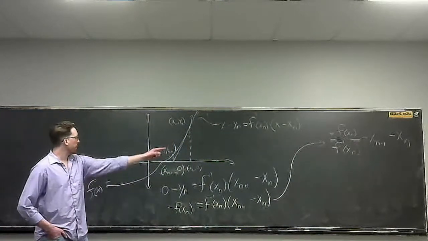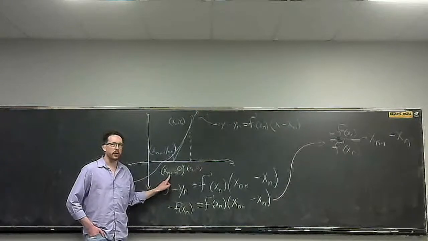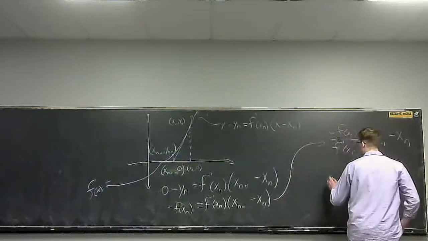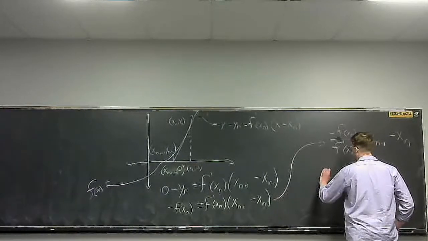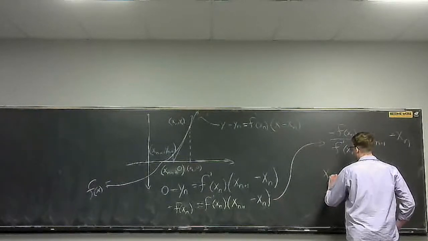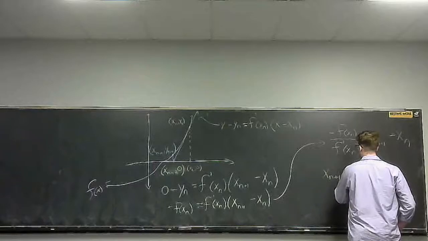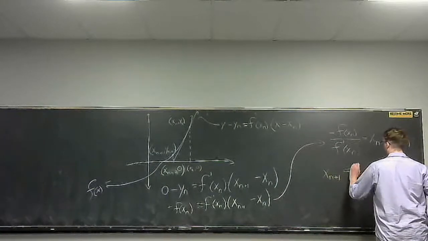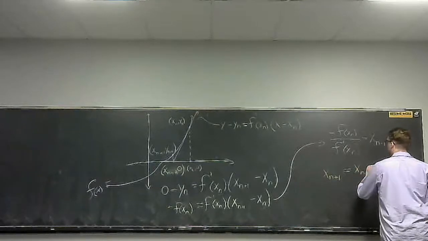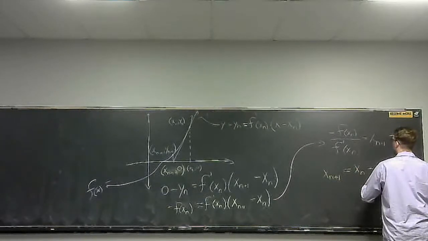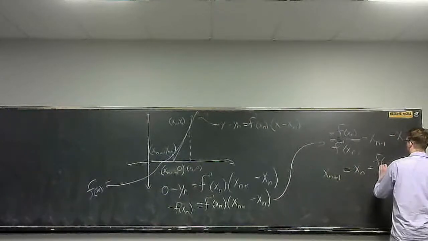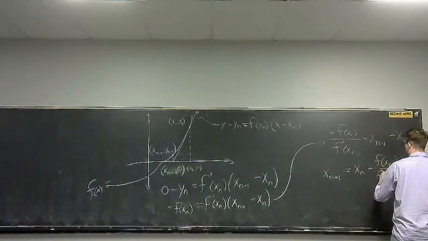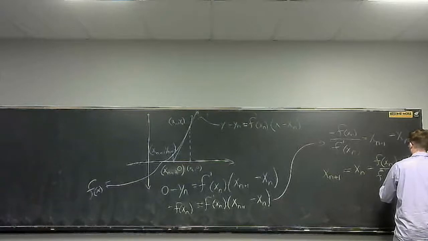We can solve for what this x value is. xn plus 1 is equal to xn minus f of xn divided by f prime of xn.